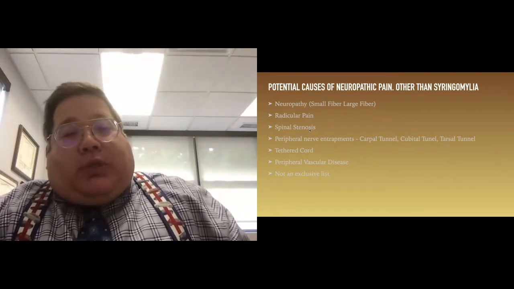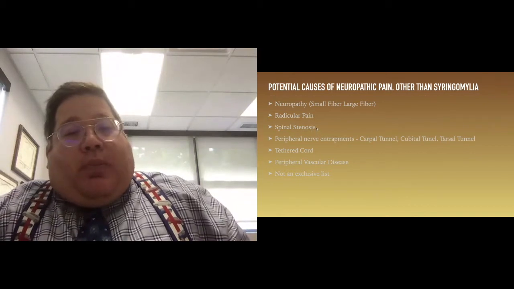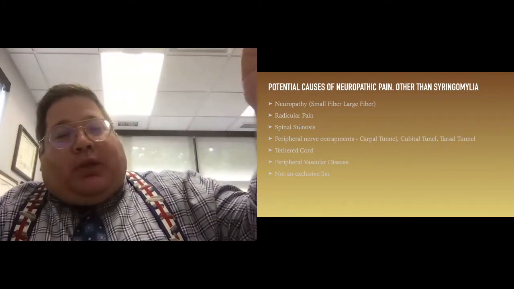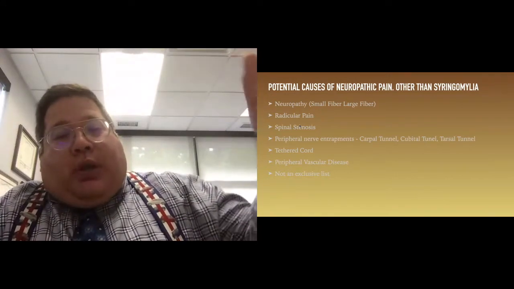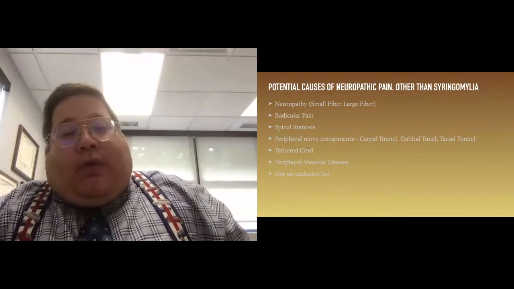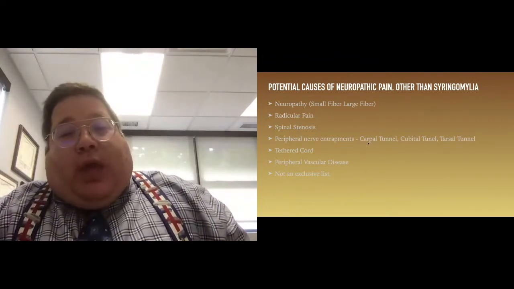Spinal stenosis can often mimic neuropathic pain because spinal stenosis is a narrowing of the cord centrally, catching nerve fibers all coming down. You can have peripheral nerve entrapments, very common things.